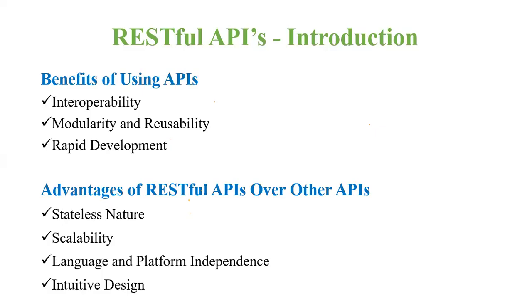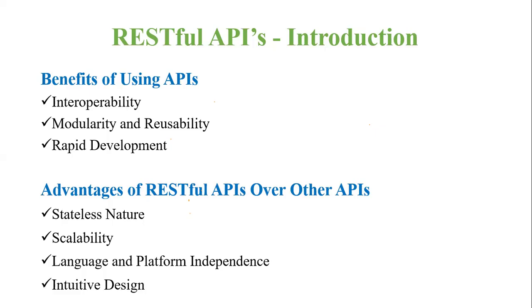By breaking down functionalities into APIs, developers can reuse them across multiple projects without redundancy. And then finally, rapid development. APIs can speed up the software development process as developers can leverage existing functionalities instead of building everything from scratch.